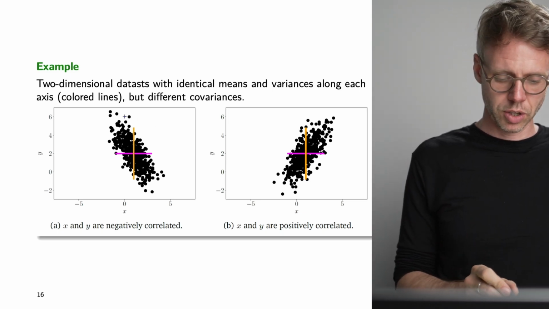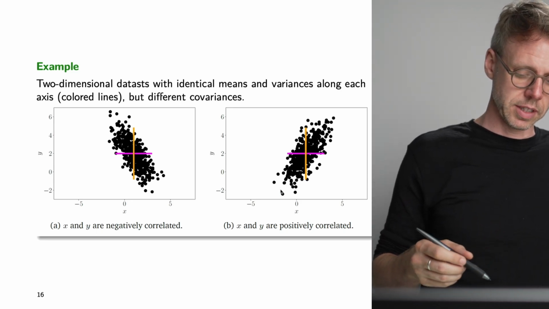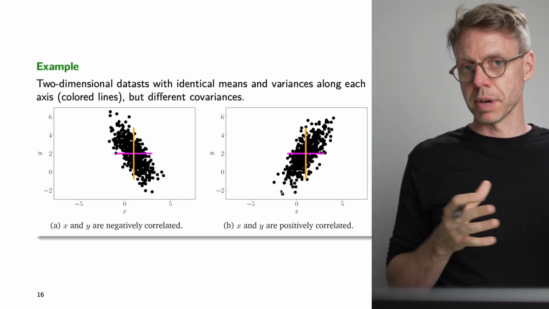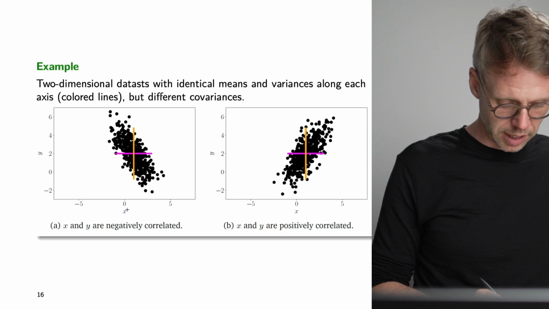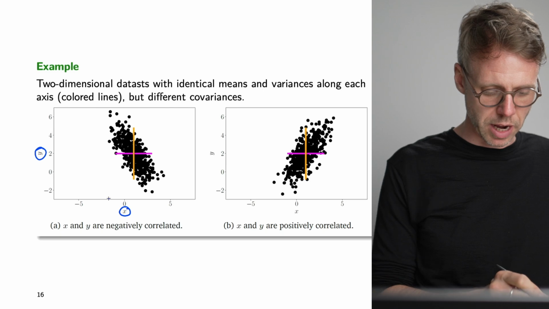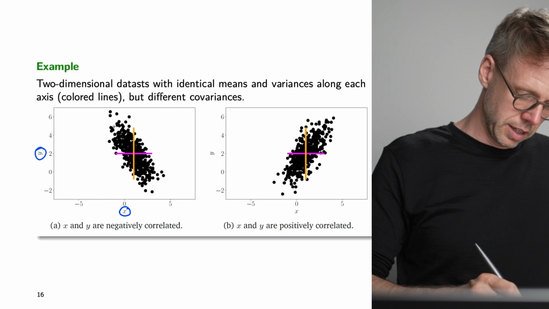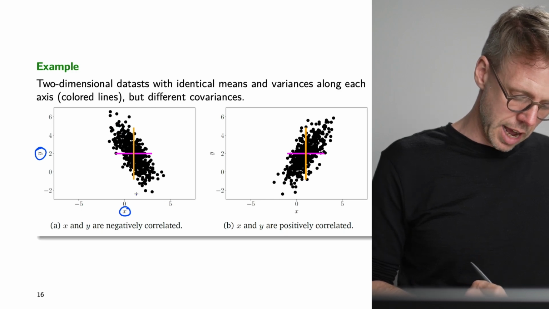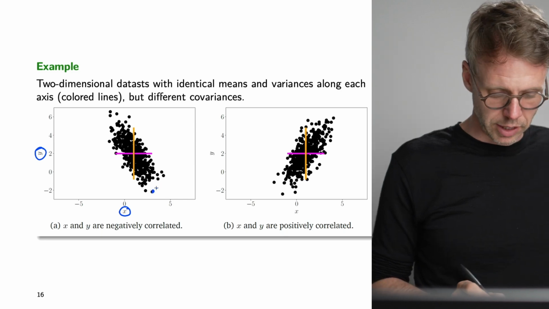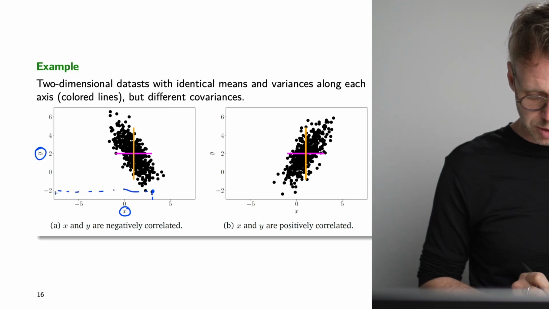Here we have two samples from two-dimensional unimodal distributions. We said that correlation and covariance measure linear dependence between two variables. In this case, the two variables are the two components of these two-dimensional distributions, x and y. So we see that if we get large values of x, so for example this value here, we tend to get negative values of y.